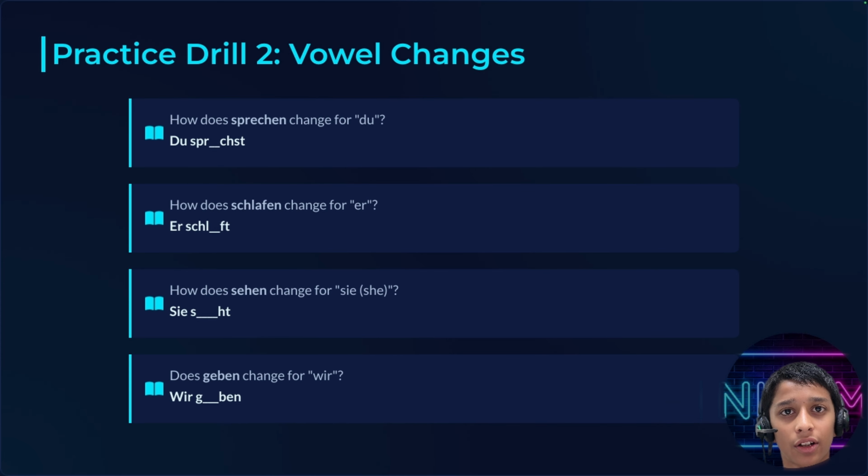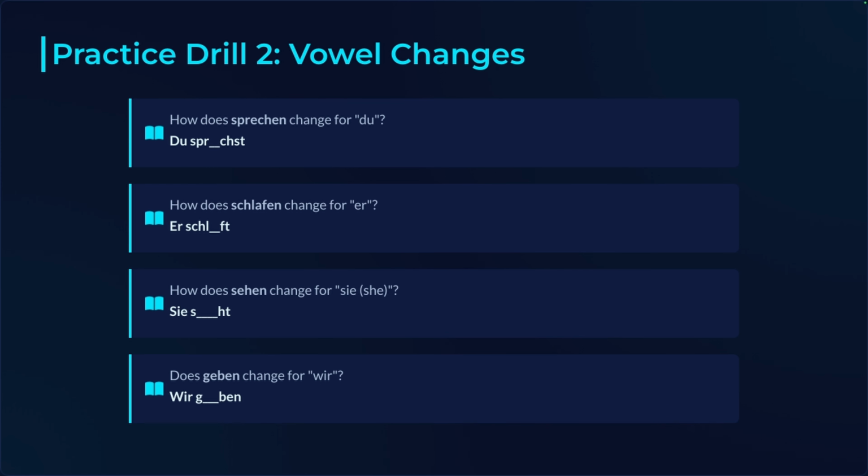Okay, now for strong verb practice, how does each verb change? So I will give you another 20 seconds here. Solve all the 4 questions again, then we will do it.